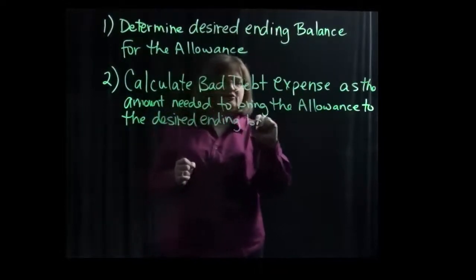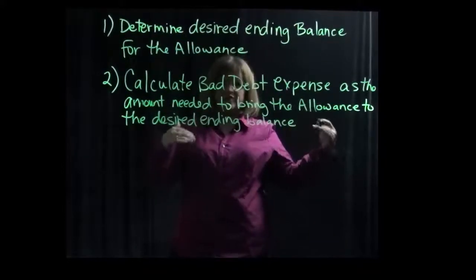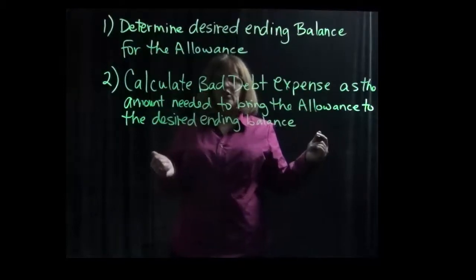In other words, we take a look at what the beginning balance is, and then we figure out what journal entry we need to make it be the ending balance that we want it to be.